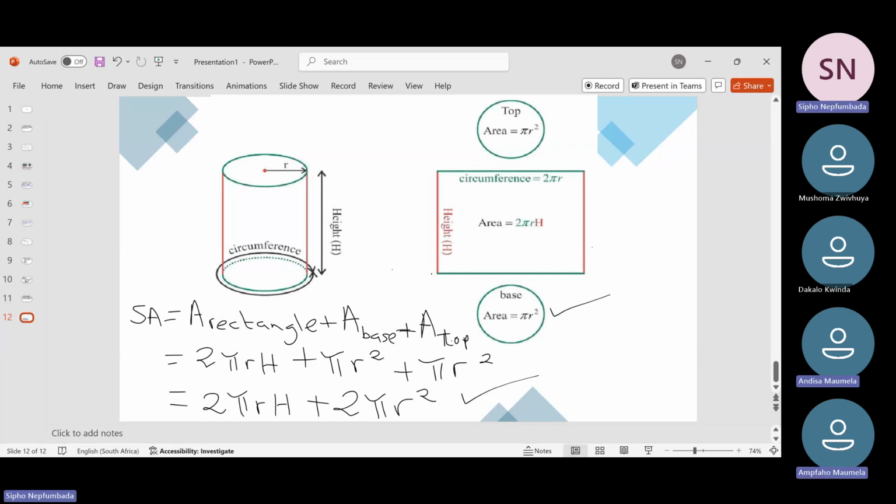Would you get a different answer if you used length times breadth? Instead of 2 pi r times h. Oh, you are mixing the rectangle that we are talking about with the rectangle in between those circles. Remember here, the length of that rectangle is the circumference, 2 pi r.